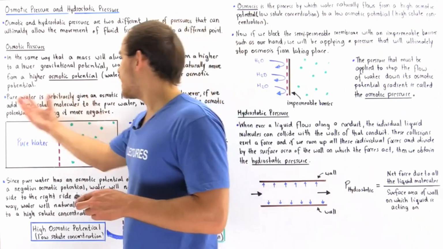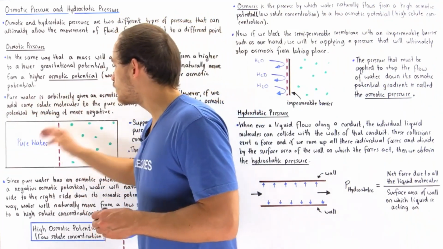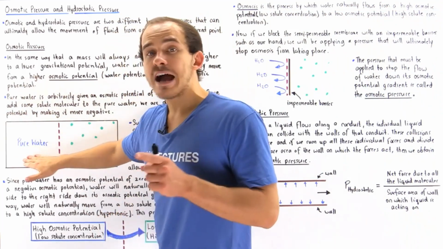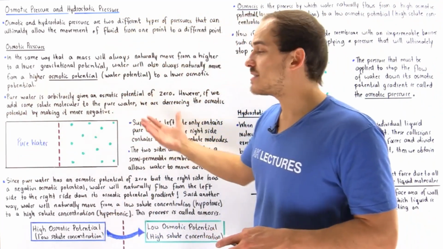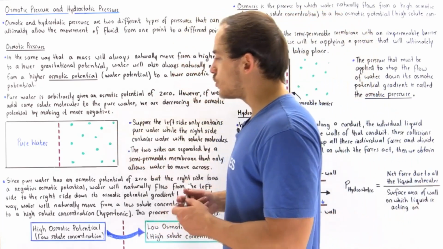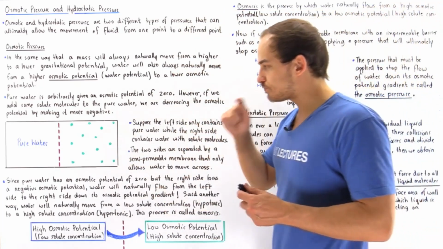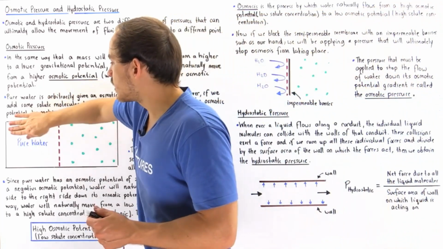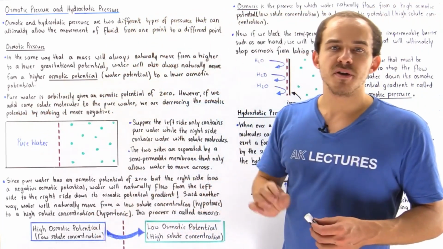Now, let's suppose we have the following system. So we have a closed container as shown. On the left side, we have pure water. On the right side, we have water as well as our additional solute molecules. So these green molecules are solute molecules, for example, our sodium ions. Now, separating the left side from the right side is a semi-permeable membrane.